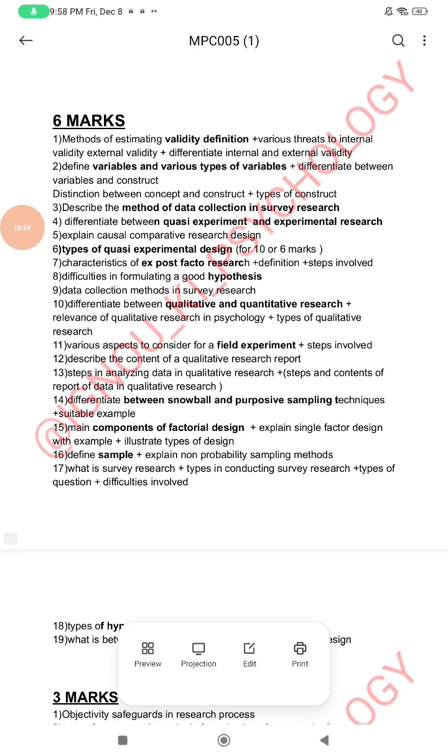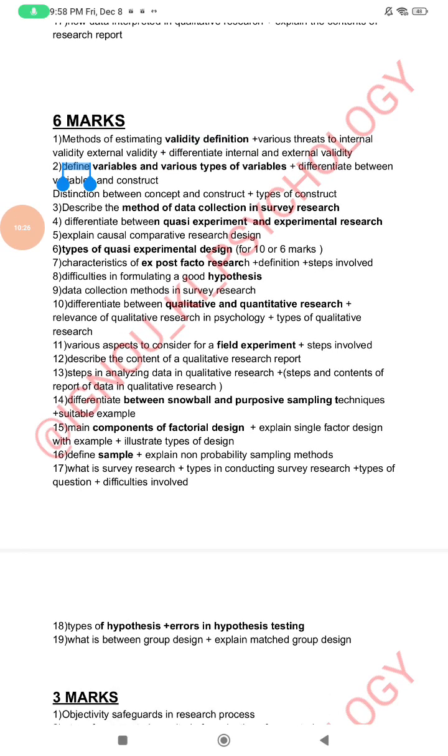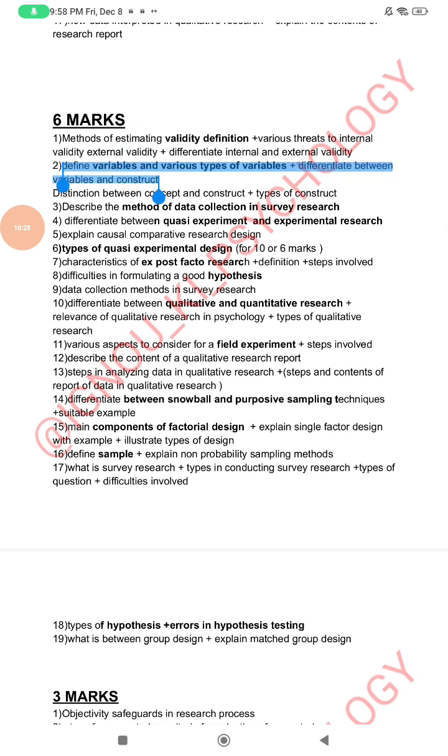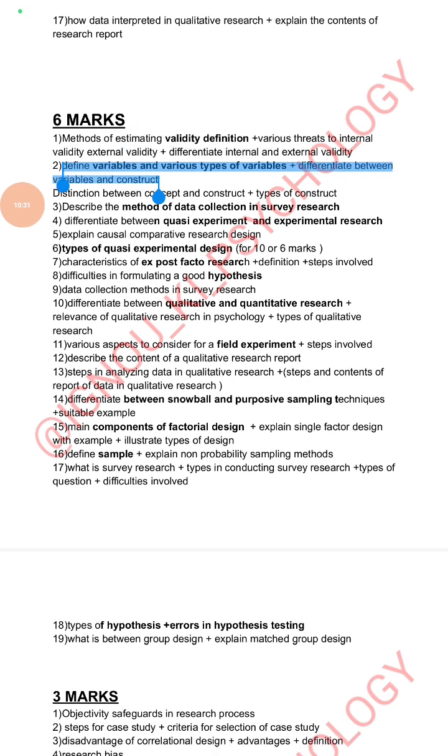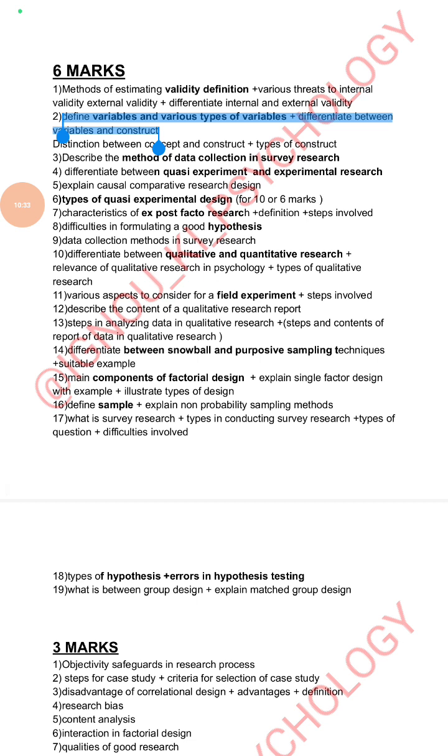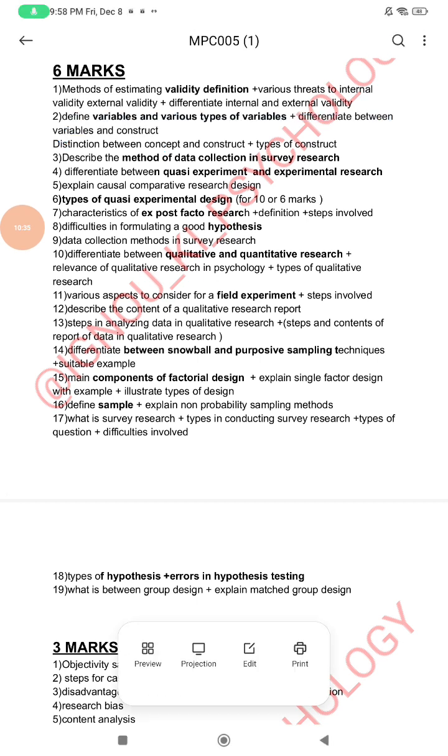Question number 2, define variables and various types of variable, differentiate between variables and construct. So this is again very important. Variable means an attribute or characteristic stated in a specific or applied manner, और construct होते it is an attribute or characteristic explained in a very abstract and general way. This is the main difference between variable and construct.